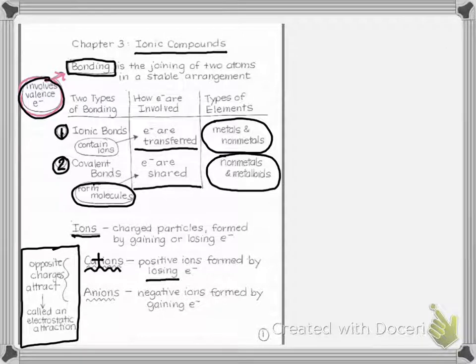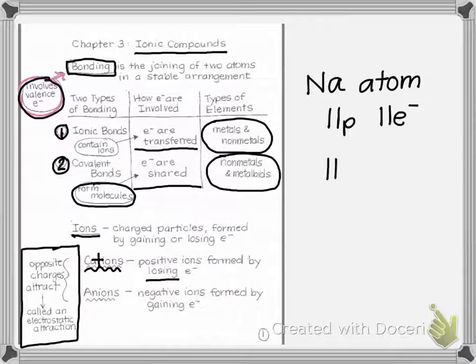Okay, so let's talk about ions. So sodium, if you look on the periodic table, an atom has an atomic number of 11, which means it would have 11 protons and 11 electrons, because we know for an atom, they're equal. Now, if I told you that sodium likes to lose one electron, and we'll learn why in a little bit, it still has 11 protons, that's because it's sodium, but now it has 10 electrons.